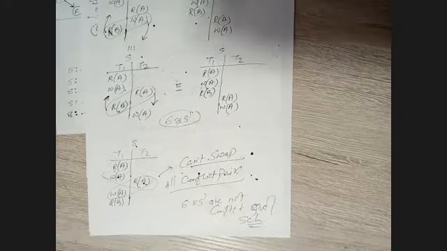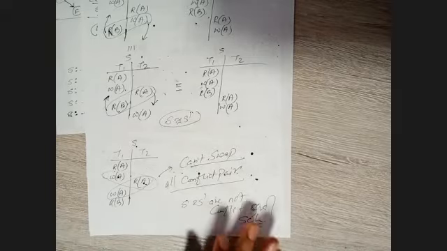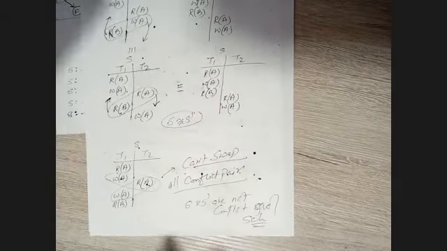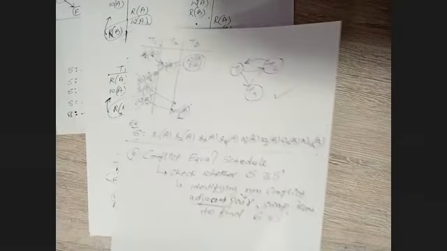This way, right? So this is how we identify conflict equal schedules over here. If you go through the textbooks, they probably give you a different definition for the same thing.